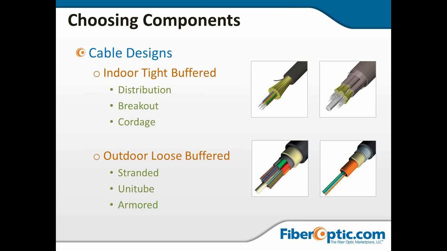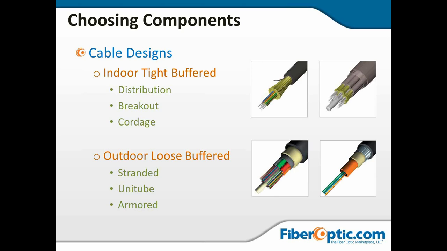If you go higher than 12 count, it will start using a colored streamer to bundle the individual groups of fiber into the equivalent of buffer tubes so that you know which blue fiber is 1 or 13 or 25. You can go to some fairly large counts. It's the lightest weight of the two primary indoor cables, and the easiest to pull and operate.